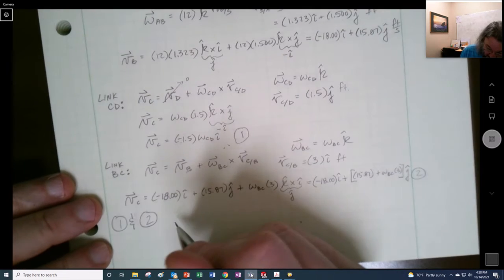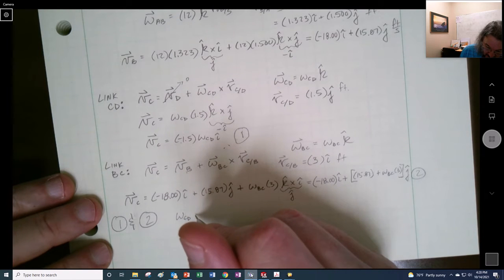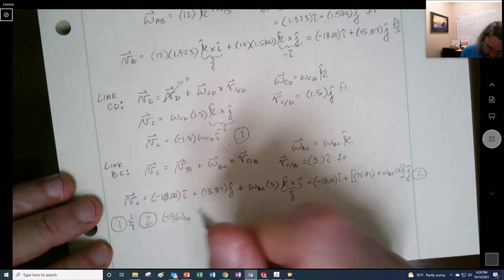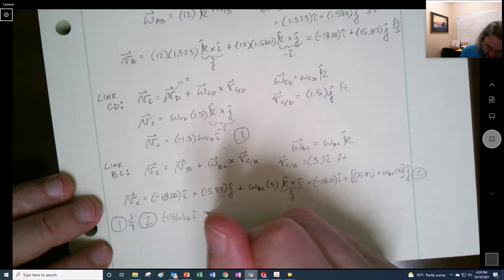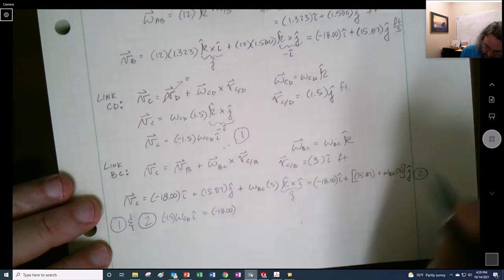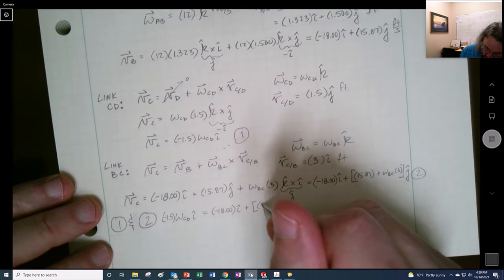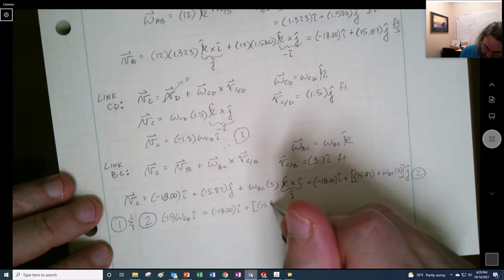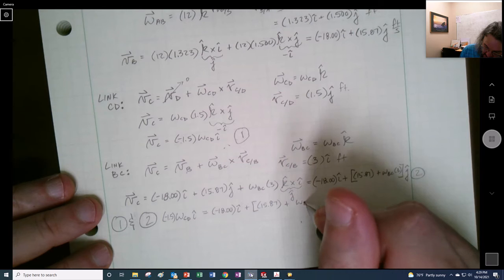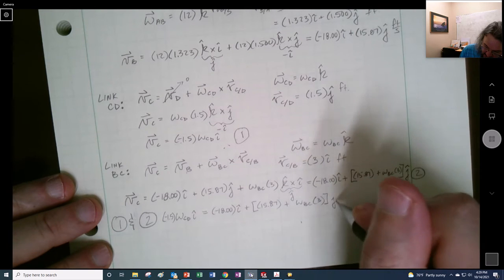So we say that omega CD times negative 1.5 i is going to be equal to negative 18.00 i plus 15.87 plus omega BC times 3 times j.